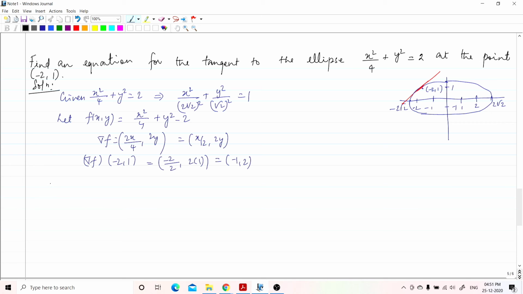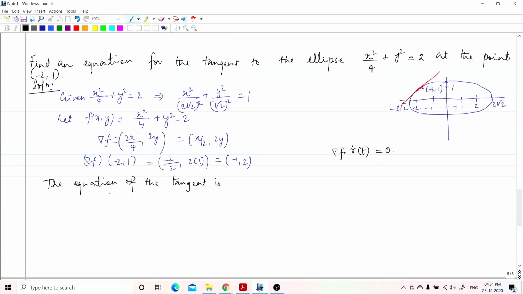Too much of geometry is involved, am I right? The equation of the tangent is what they have said. Actually, del f dot r prime of t is 0. So if you identify what this is, then you are done.